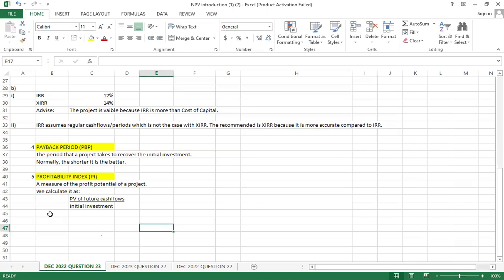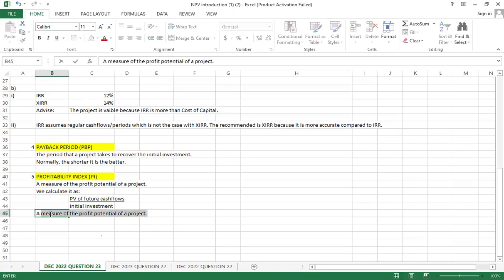So a project is profitable if the PI is more than one.